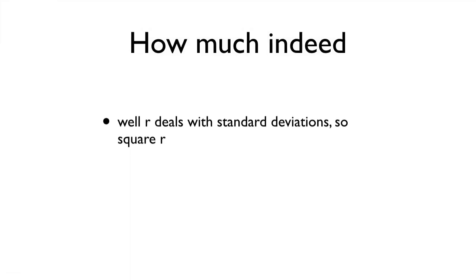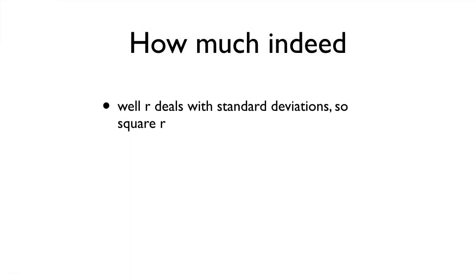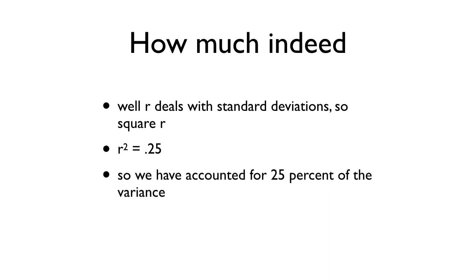Well, in fact, R deals with standard deviations. So if we want to get variance, we're going to square R. We're going to get R squared. So we would have 0.25. So we accounted for 25% of the variance in income by looking at variance in education.